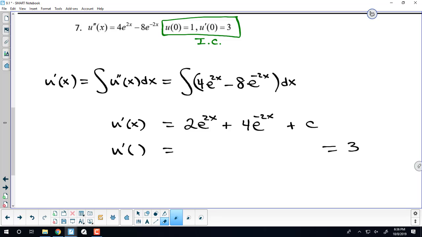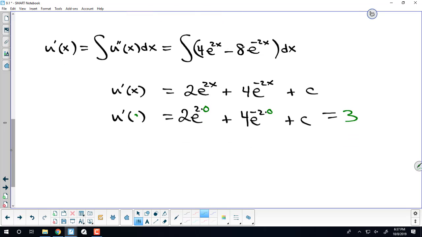So u prime of 0 tells us that 2 plus 4 plus c has to be 3, which means we've got c being negative 3.